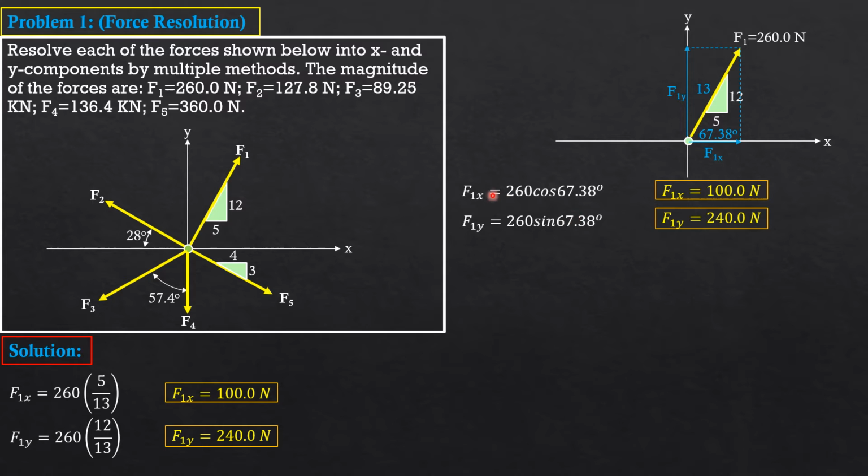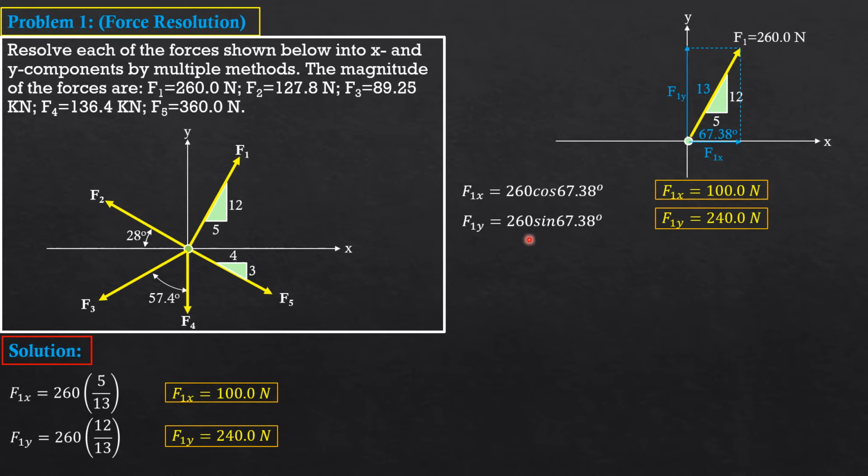Now, if you express the solution as a negative angle or clockwise angle, then it is the negative of the quantity 360 minus 67.38, and that's negative 292.62 degrees. So F1x is 260 cosine of negative 292.62 degrees. It will give us the same answer.